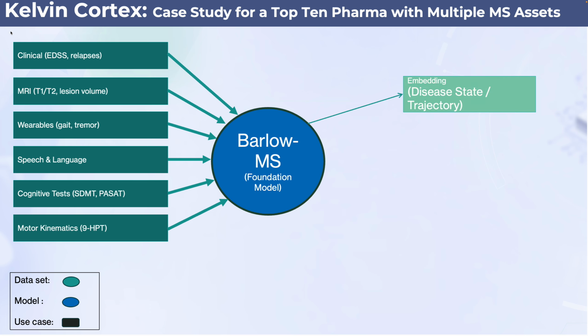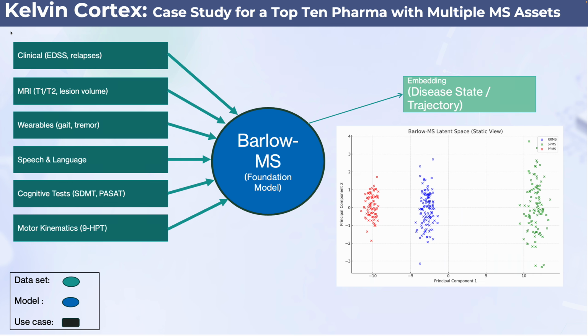With this we're able to build a system that forms an embedding, a disease specific embedding for MS, and this allows us to place any patient in a low dimensional space known as a latent space. Here we can see patients.